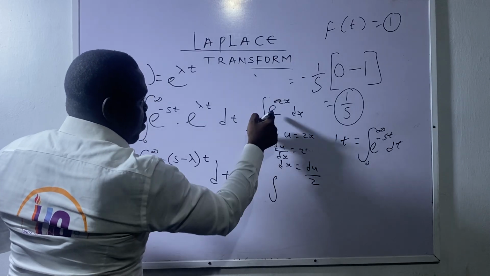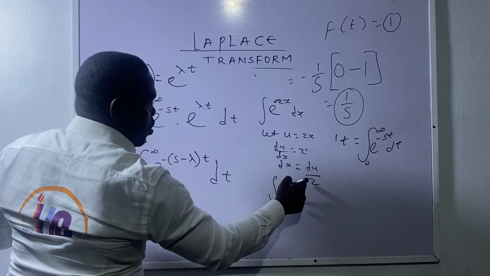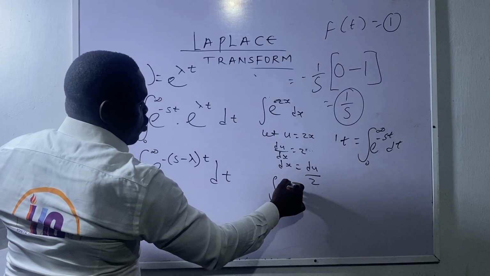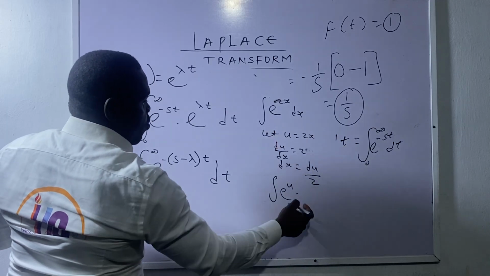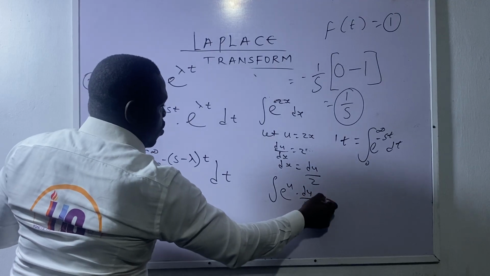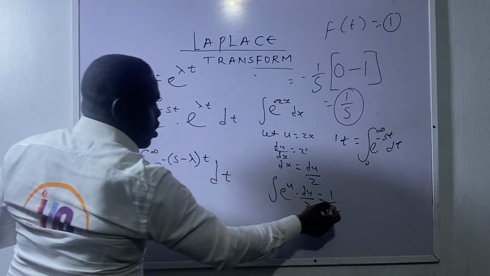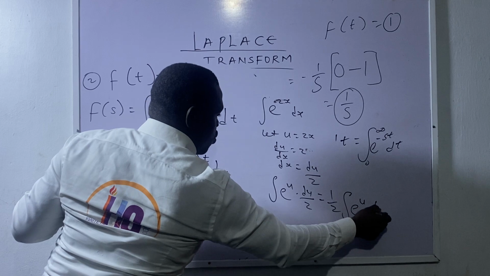So come back to this place. In place of 2x, what do you put? You put u. And in place of dx, what do you put? du over 2.